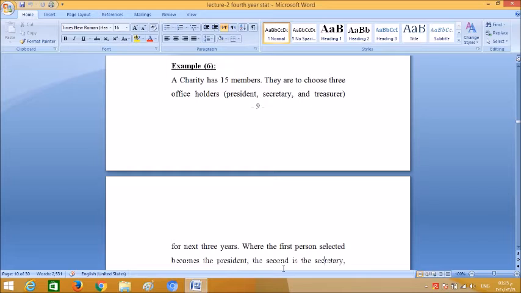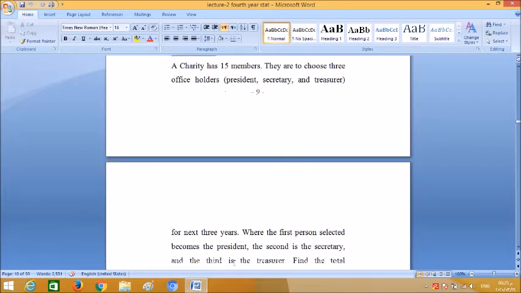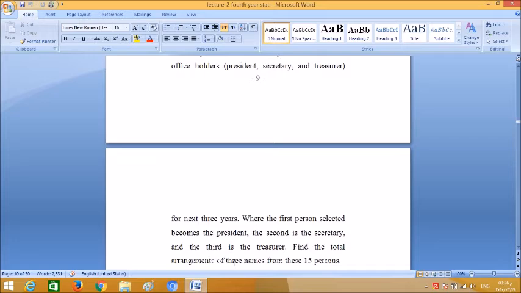See that the order is important. The order is very important. The first person selected becomes the president. Okay, the second is secretary, and the third is treasurer. Find the total arrangements of 3 names from these 15 persons.